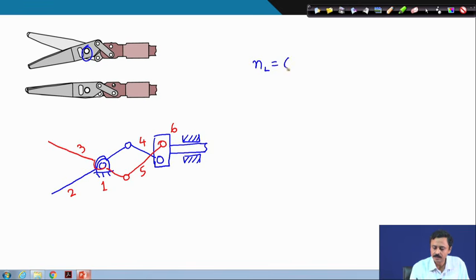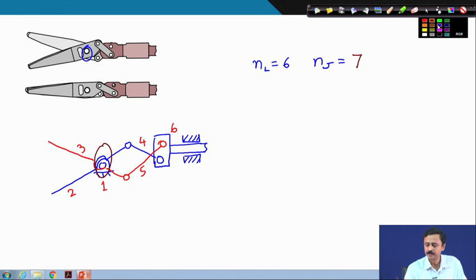So, number of links is 6, number of kinematic pairs. Now, here there are 2 kinematic pairs, 2 revolutes, 2, 3, 4, 5, 6 and 7. So, total number of kinematic pairs is 7, and summation of degree of freedom of these kinematic pairs is also 7, as you can see that they are all revolute or prismatic pairs, they have all 1 degree of freedom.